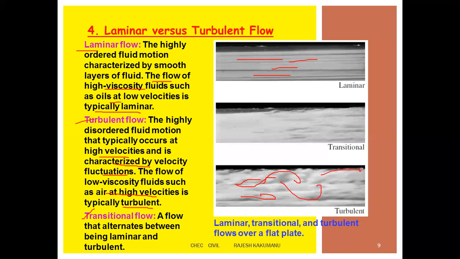In between, whenever laminar flow is slowly converting into turbulent, that is nothing but the transition flow. You can see the laminar, transition and turbulent flows over a flat plate. This is the fourth type of flow that you have to calculate in the measurement of flows.